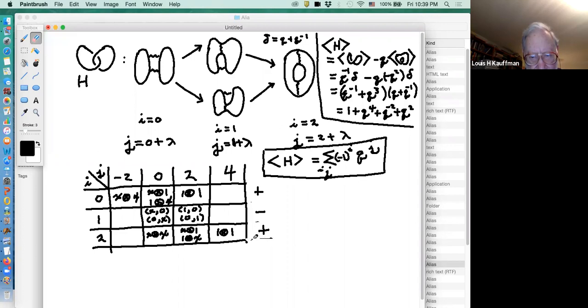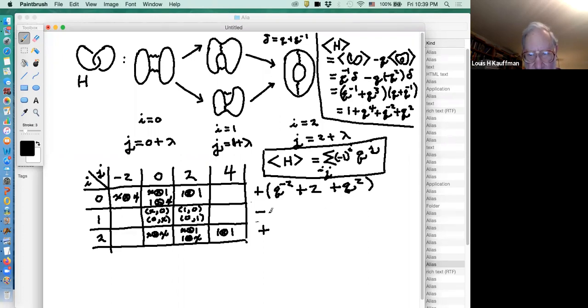So let's see if it does. So on the first row, I'm going to have plus times. Now, what do we get here? Q to the minus 2, right? Q to the j. That's Q to the minus 2 once. Actually, you only have to see how many occupants there are. Here, there are 2 of them. So we get 2Q to the 0, which is plus 2. And here we get Q squared once. Okay.